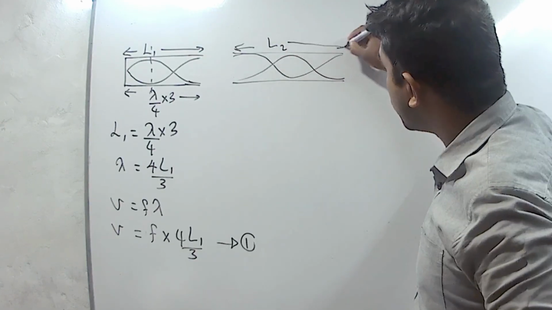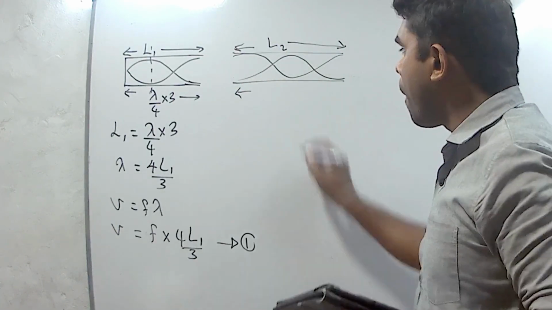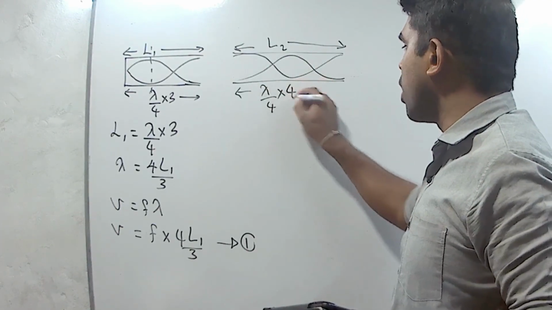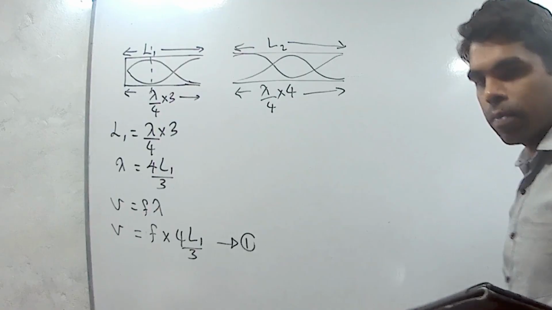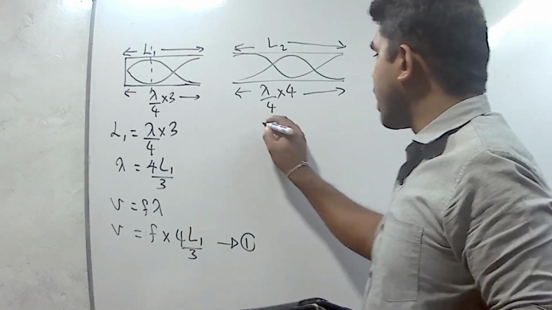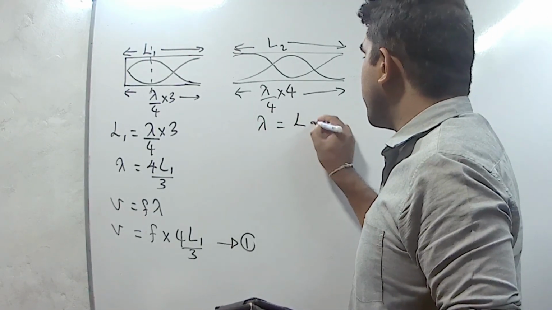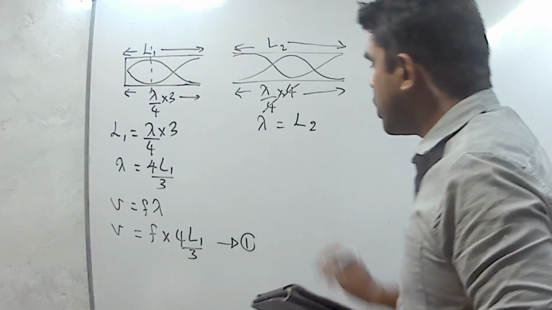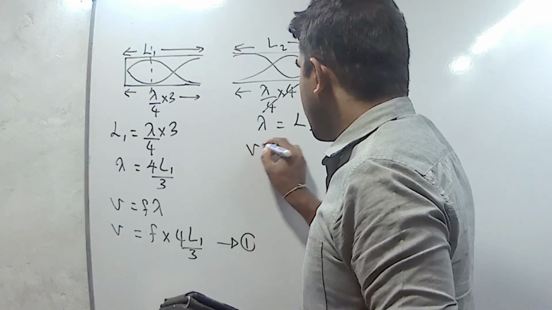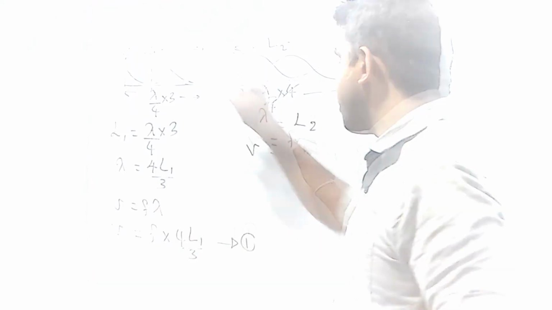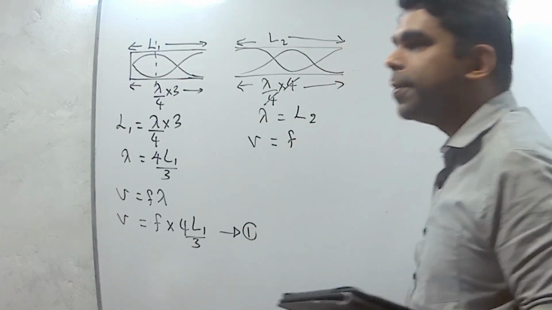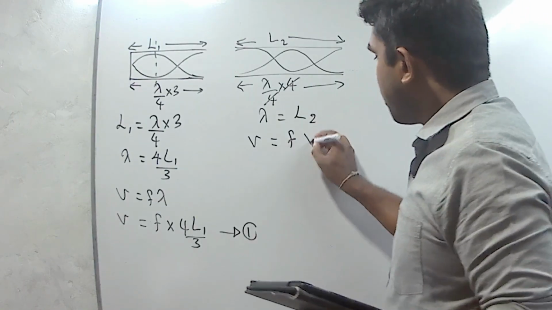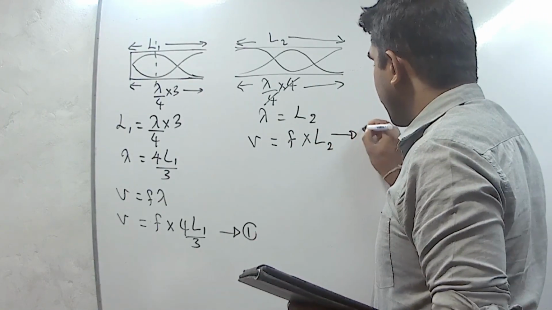Then L2 should be equal to lambda over 4 times 4. Then we can write lambda equals L2. We can cancel out 4 and 4. And we can use V equals F lambda again. The frequency is the same as the previous one. Therefore, we can consider frequency F. Lambda is L2. Second equation.